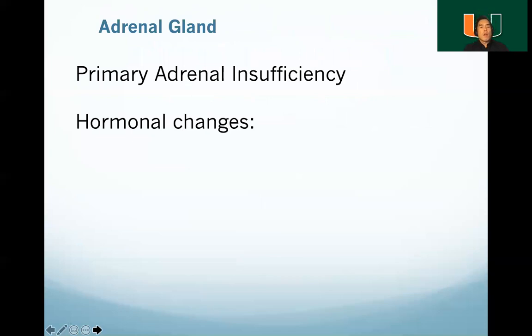Now, let's talk about primary adrenal insufficiency, which I think comes up more often in the board, right? So think about the axis that we looked at, right? Hypothalamic, pituitary, adrenal axis. The problem is at the adrenal. So what would happen? You have very low cortisol, and at the same time, because of low cortisol, it sends a positive feedback to the hypothalamic pituitary unit to stimulate ACTH production, right?